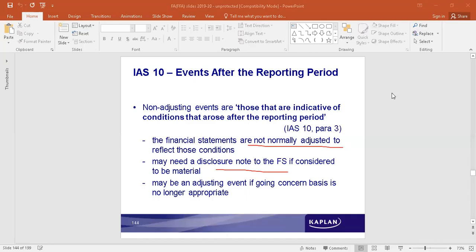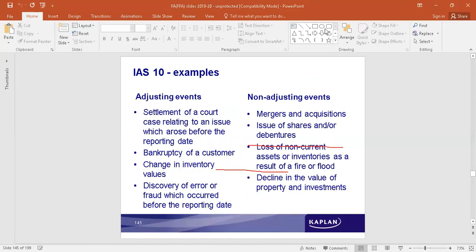Let's see some examples of adjusting events and non-adjusting events. A few examples of adjusting events are the settlement of a court case relating to an issue which arose before the reporting date.